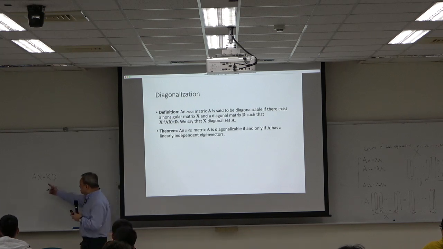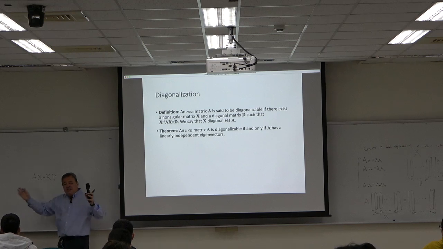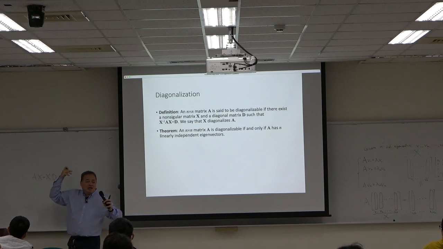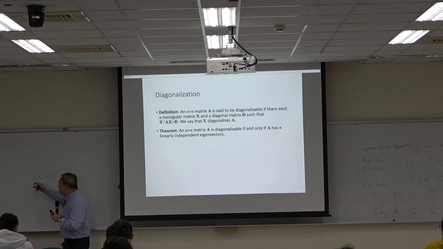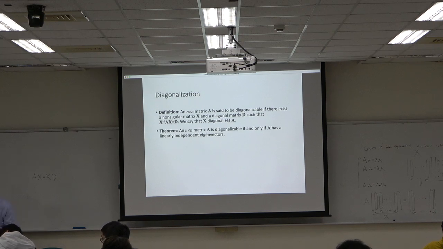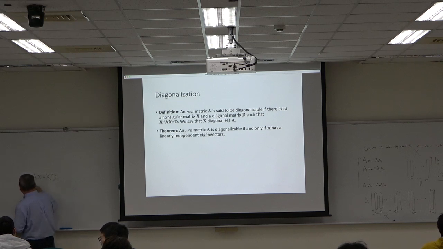Because X is formed by n independent column vectors, X must be invertible. So you multiply both sides by X inverse, and we have X inverse AX equal to D.